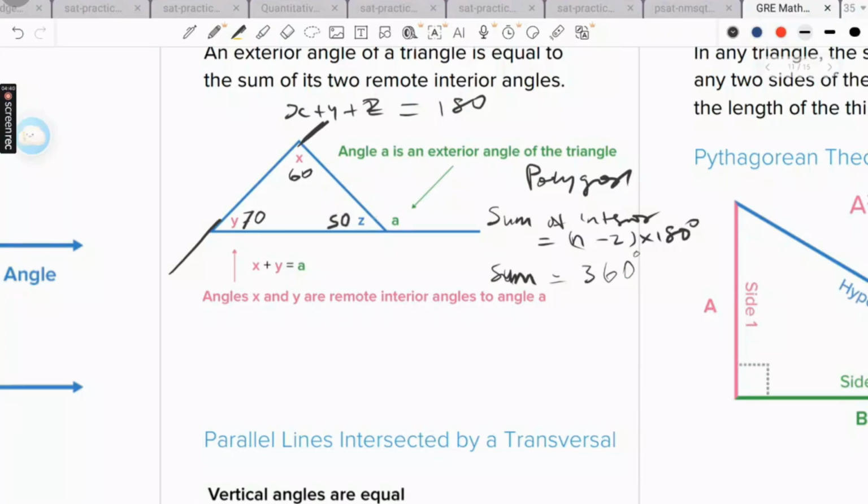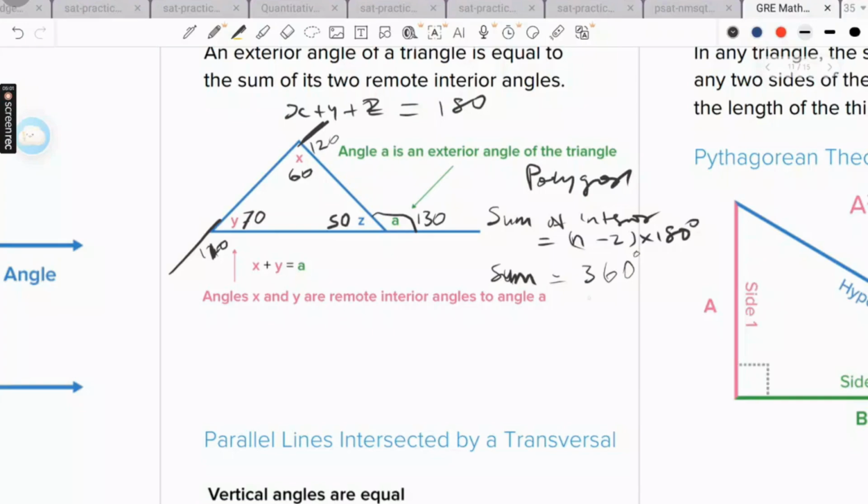Do you notice that the outside here will be 180 minus 50, which is 130, right? Now outside here will be 120. No, not 120. 180 minus 70 is 110. Outside here is 110. Outside here is 120.